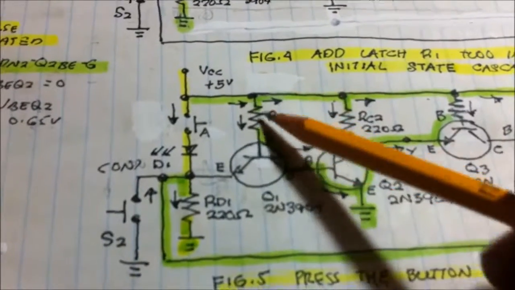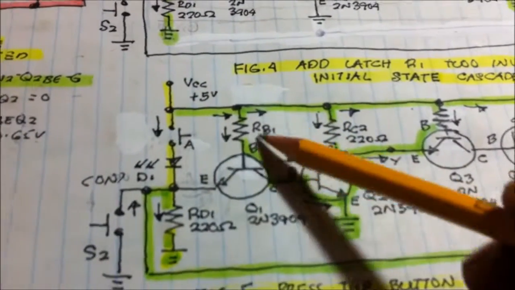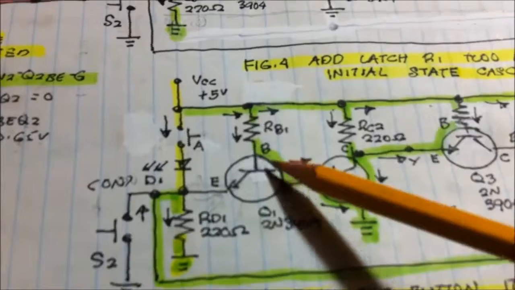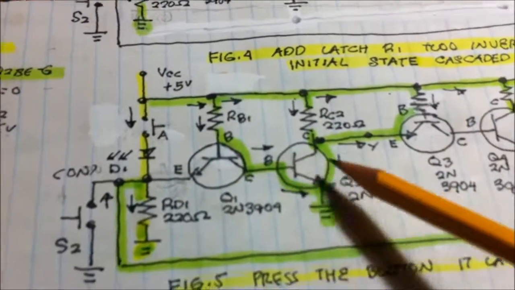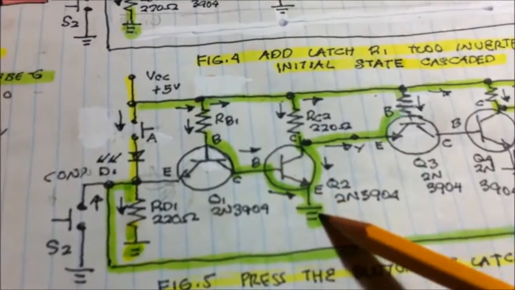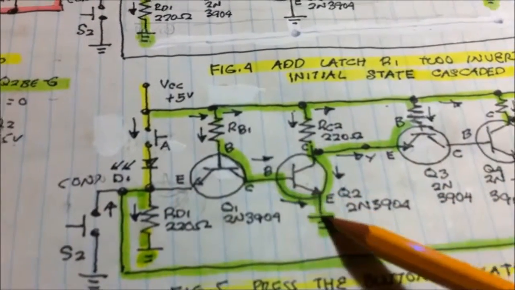Now the reverse mode of operation of the transistor, from base to collector, current flows from base to collector, forward biasing this transistor.